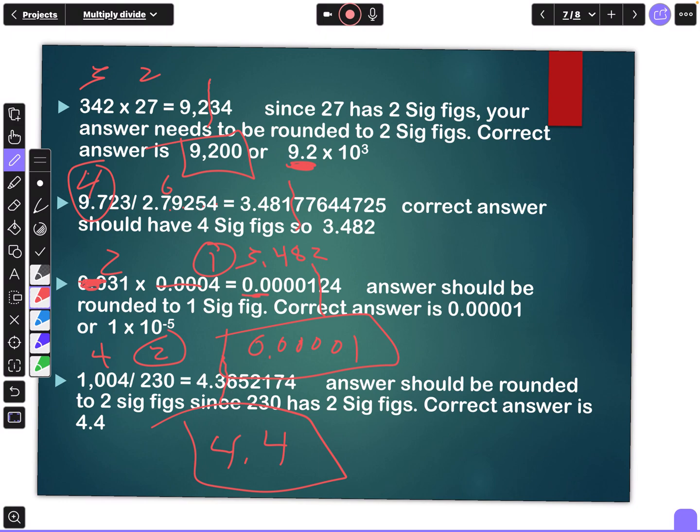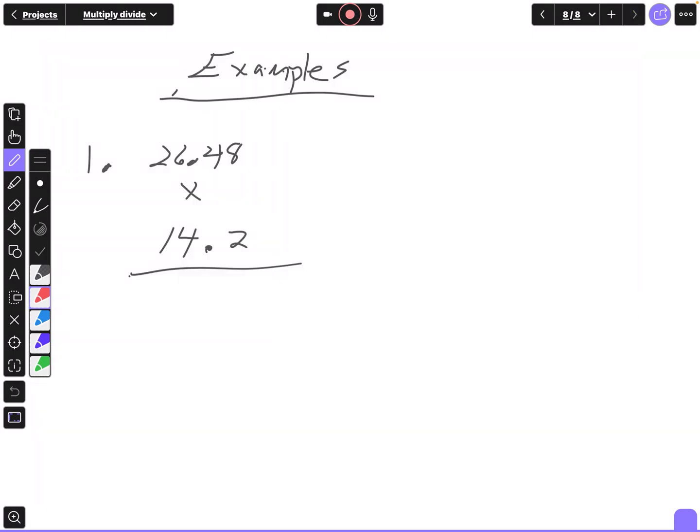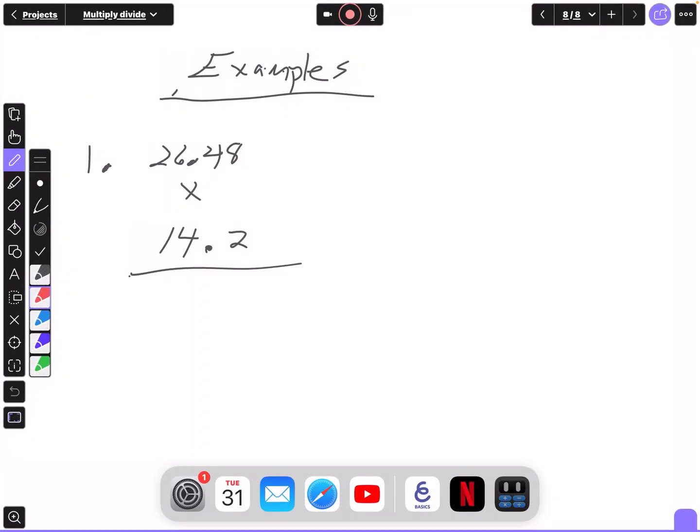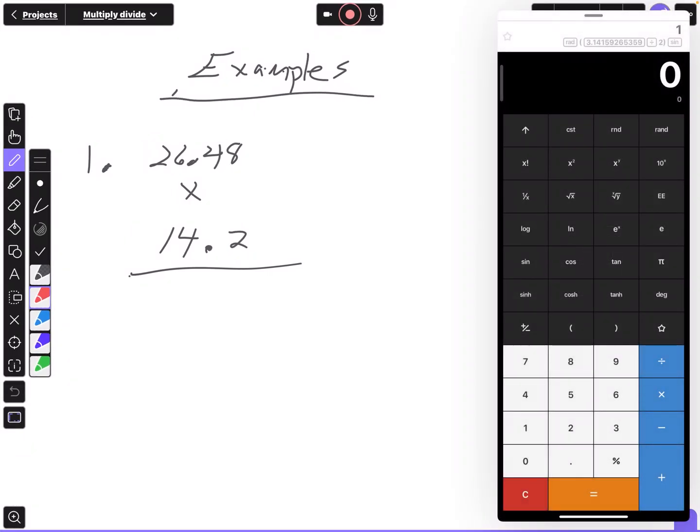All right, let's look at just a few more examples. If we had 26.48 times 14.2, we're going to do this work in our calculators. If I take 26.48 times 14.2, I get 376.016.